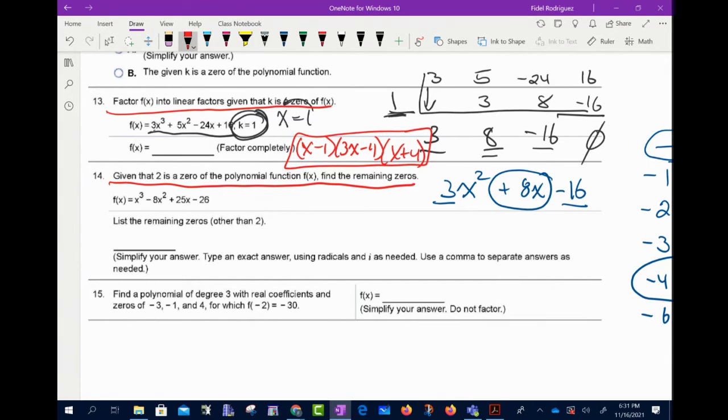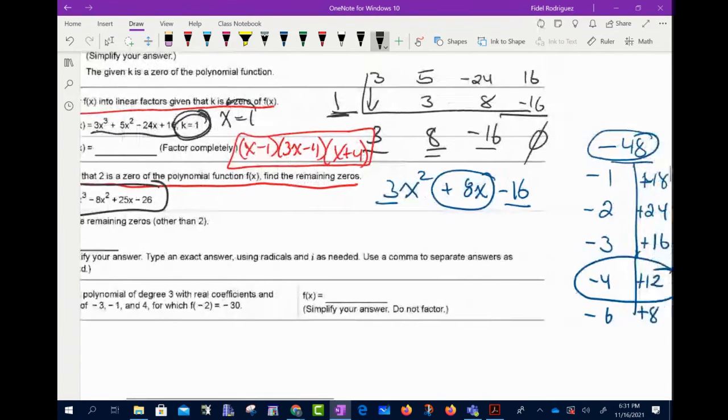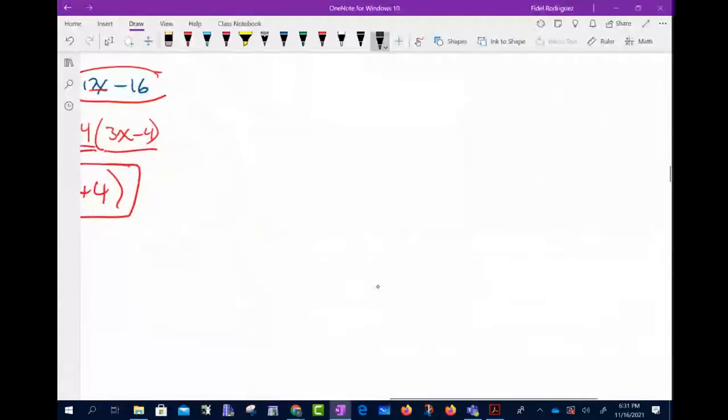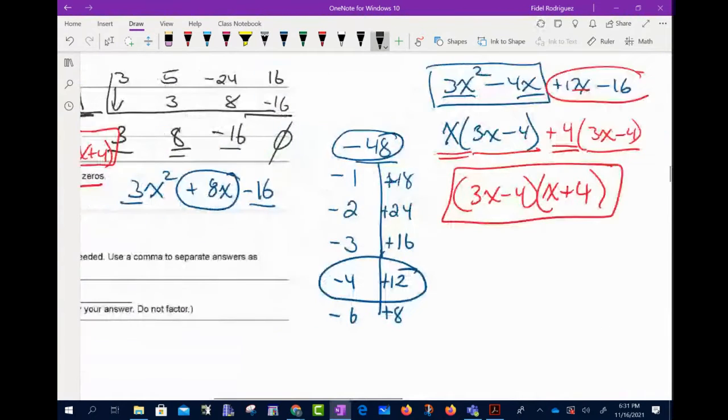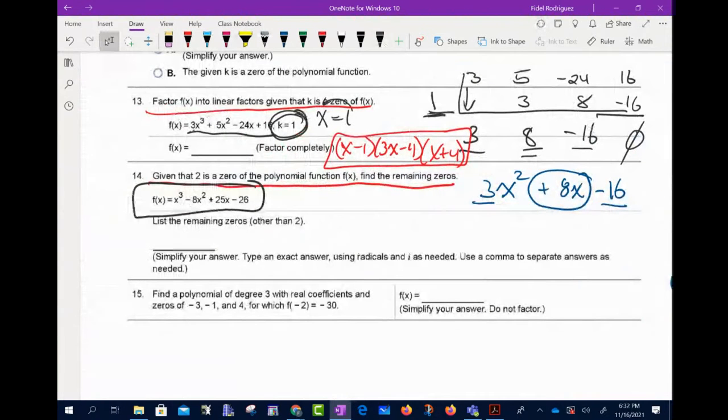So let's take a look at 14. It says, given that 2 is a 0 of the polynomial function f of x, find the remaining zeros. Okay, so first thing I'm going to do, I'm going to write this down somewhere over here on the side where I got some space. So f of x is equal to, and I'll tell you what, before I do that, this was number 13.